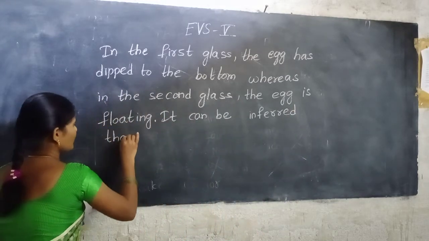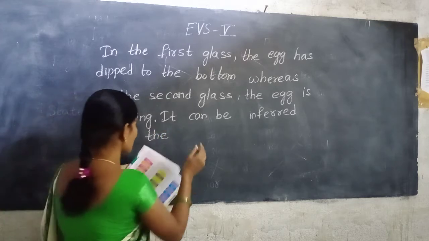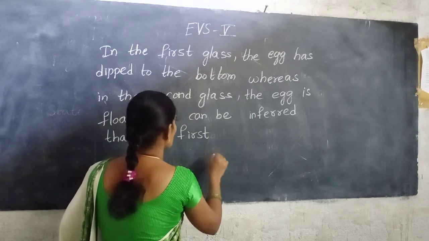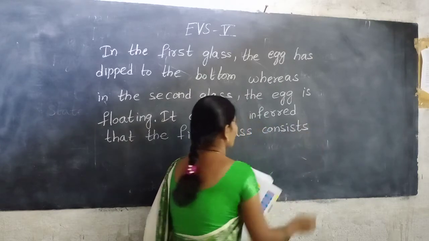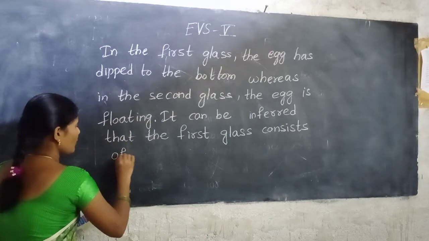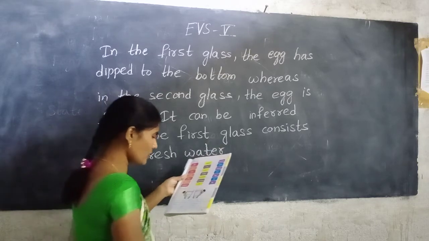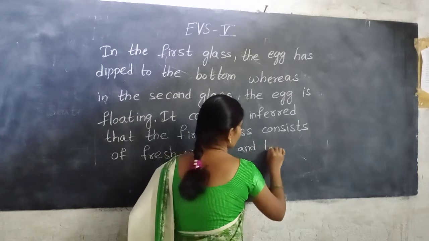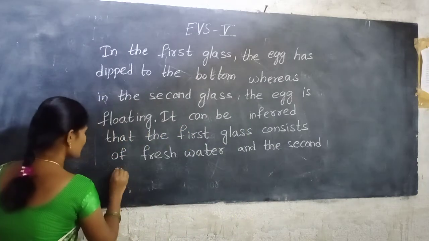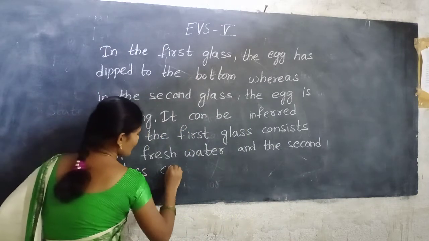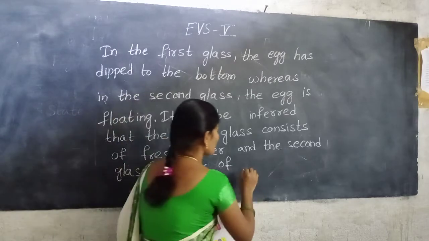that the first glass consists of fresh water, and the second glass consists of salt water.